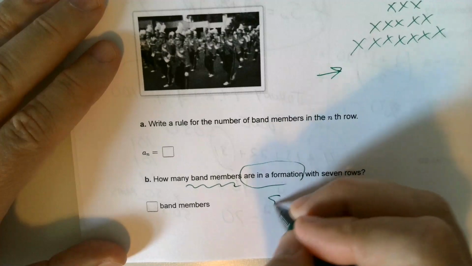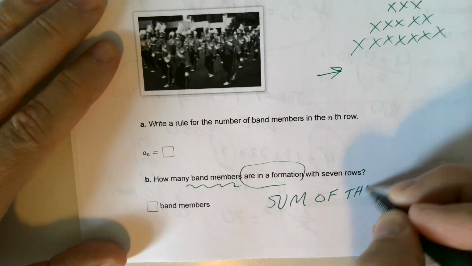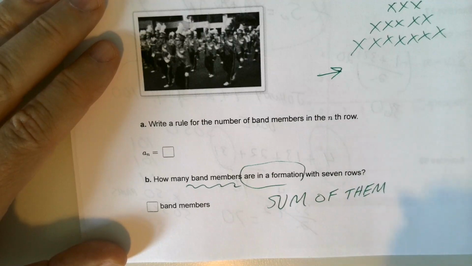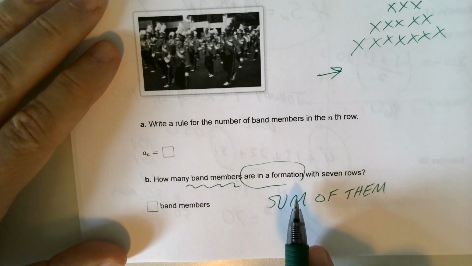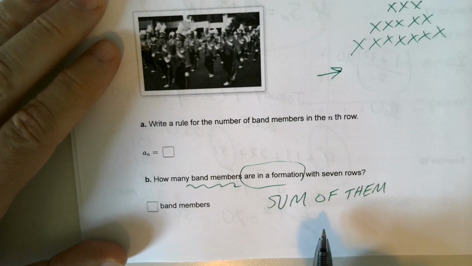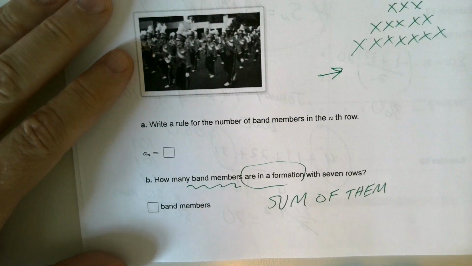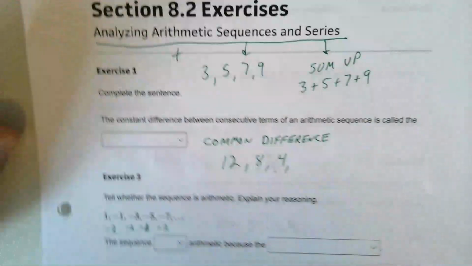So that's the sum of them. Doesn't say how many are in the 7th row, it's how many are in the formation if there are 7 rows. Okay, does that make sense? So that means we got to add them all up. So that is what 8.2 looks like. So this was arithmetic sequences and series.